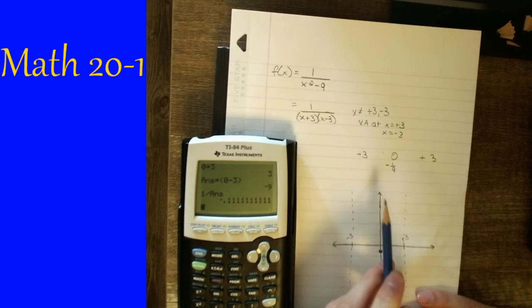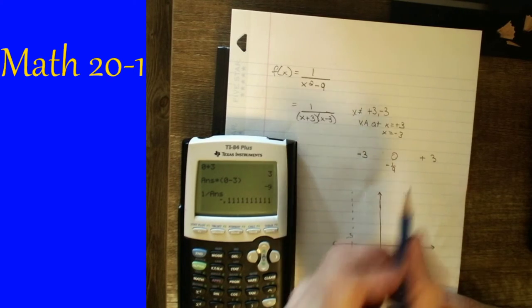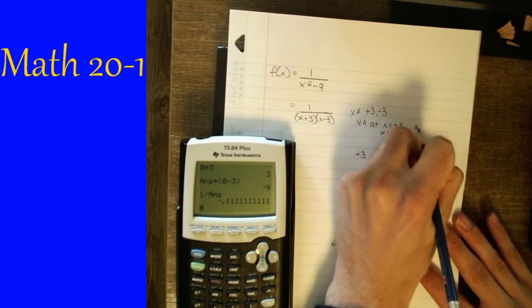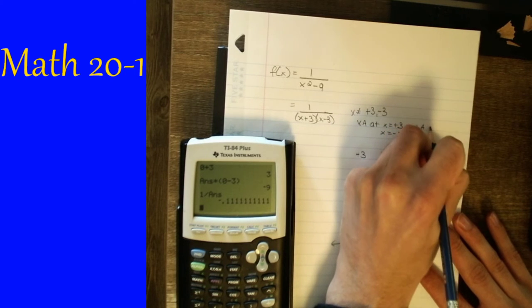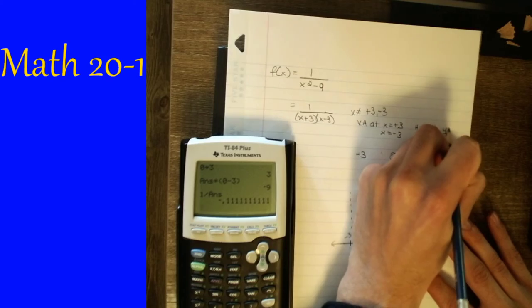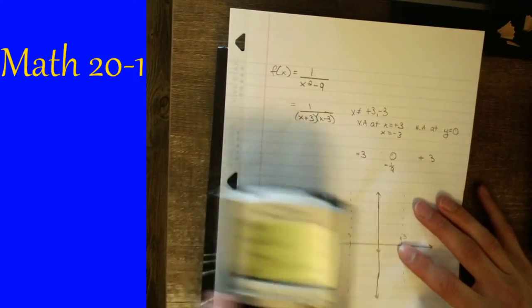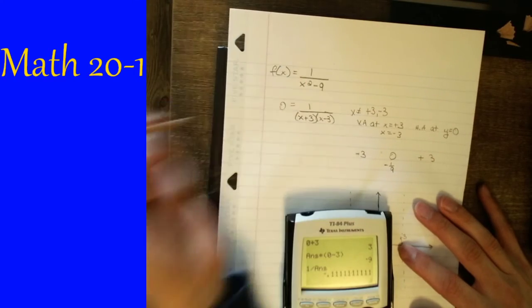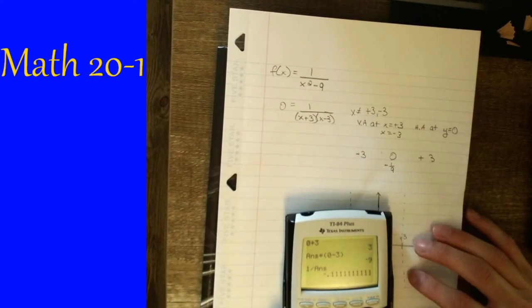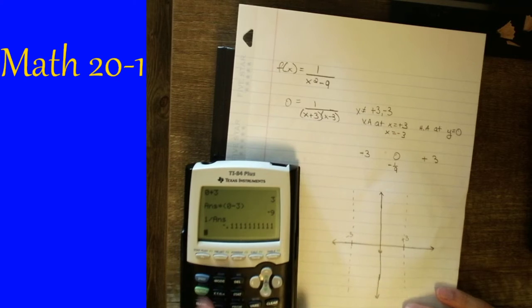The other aspect is that this is going to have a horizontal asymptote at y equals 0. I can tell that because imagine if I tried to set that equal to 0 and solve. It's the same problem we ran into last time.